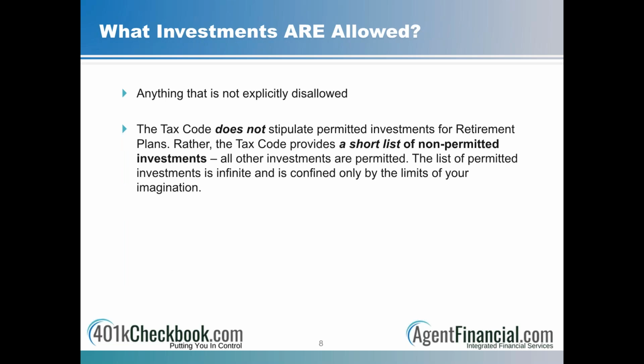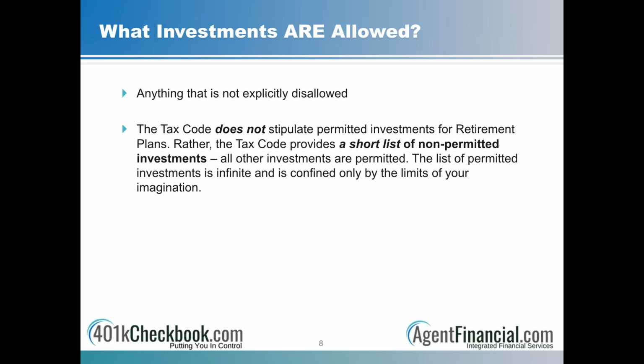So let's think about the flip side. What investments are allowed? Well, guess what? Congress never said anything about that for a very simple reason. Congress only specified the few assets that are disallowed. Everything else is allowed. There's nothing in the tax code that says, oh, your IRA may be invested in mutual funds.